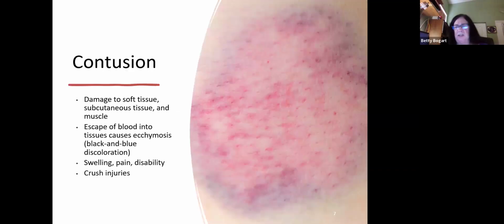Now, bruising, contusions, not a big deal, right? Well, you've got to be careful. Sometimes when we have ecchymosis showing on the outside of the skin, think about how deep the blood that has escaped into the tissue has gone. Sometimes it can occlude circulation. So whenever you see a crush injury or an ecchymotic area, always check distally.